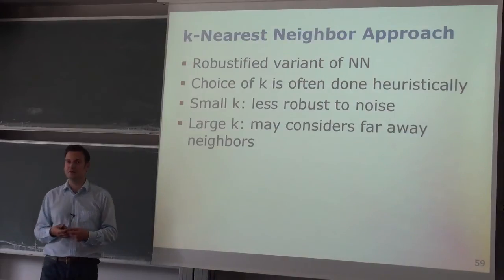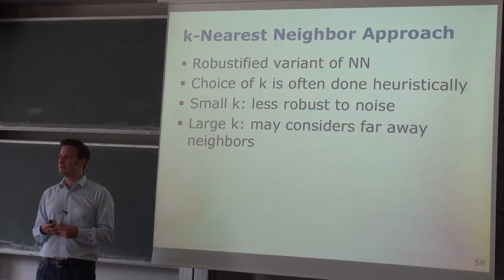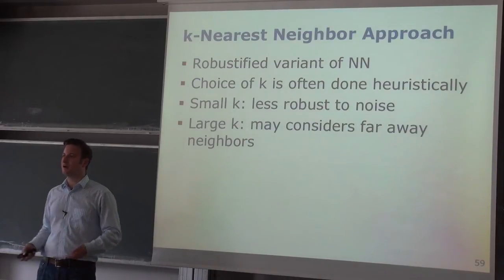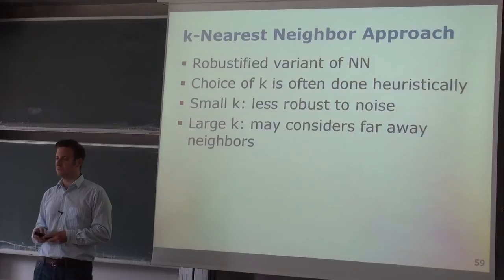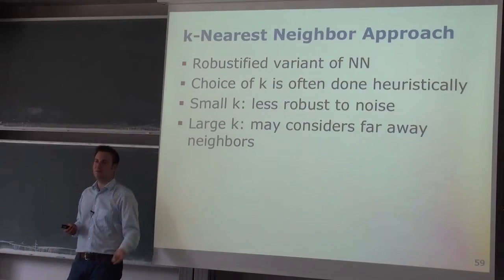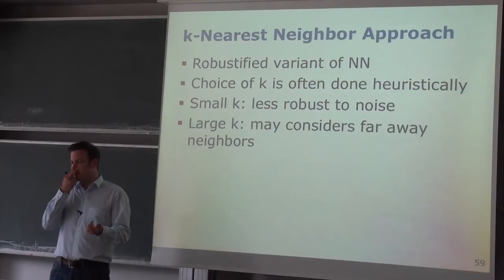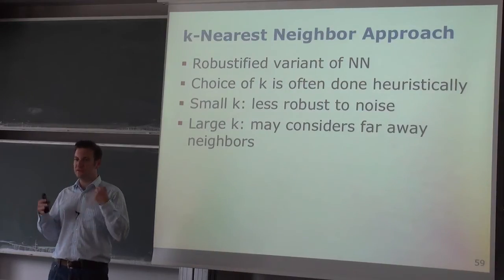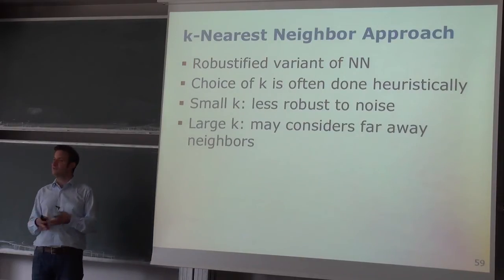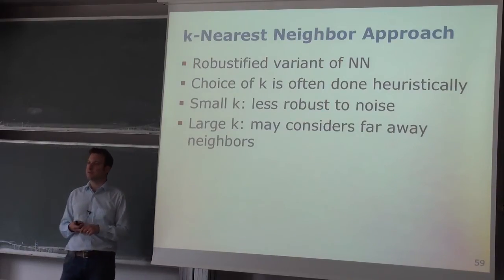If k is large, especially if I don't have a large number of training examples, I may take into account classes which are actually rather far away or already represent a different class. So it's not free of problems, but it's very simple to implement and very simple to test. I don't need to know anything about the distribution of my features in space. I can just use it as a non-parametric approach, which makes nearest neighbor approaches quite attractive for a couple of applications.